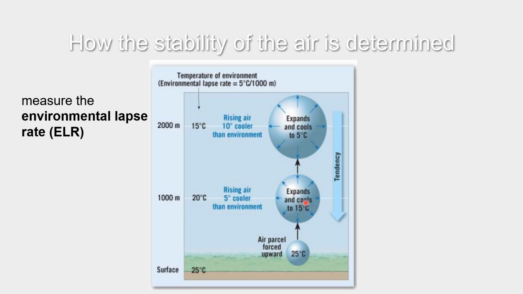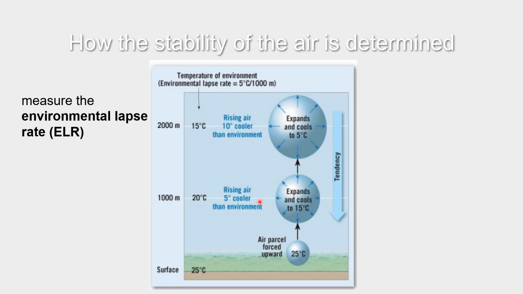So in this example, the temperature of the rising parcel of air is lower than that of its surroundings. You can see that the surrounding air is 20 degrees Celsius and the expanding, rising air is 15 degrees. So the rising air is 5 degrees cooler than the environment. Therefore, it's heavier.